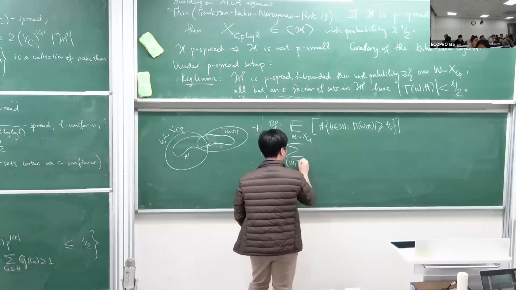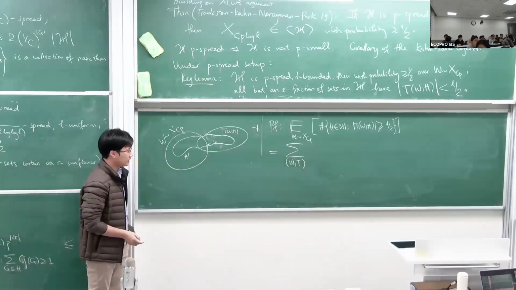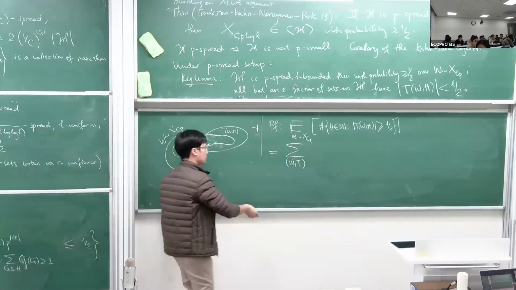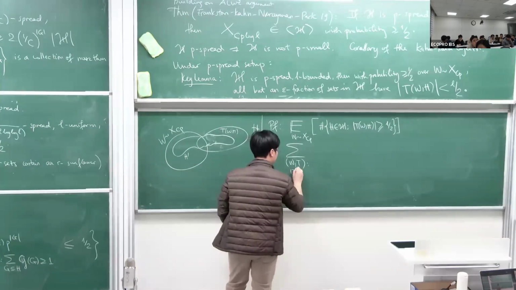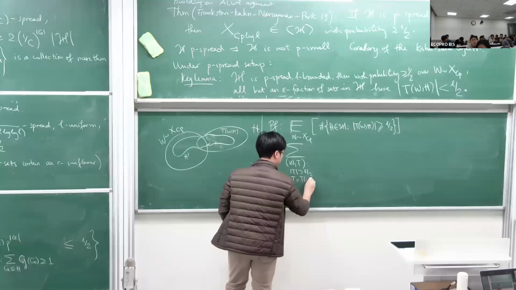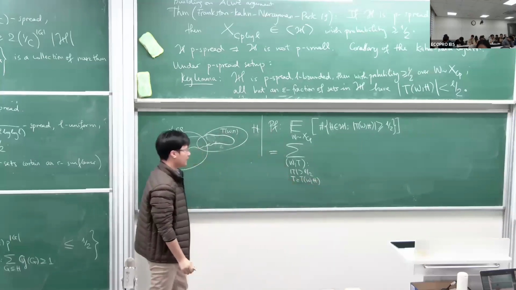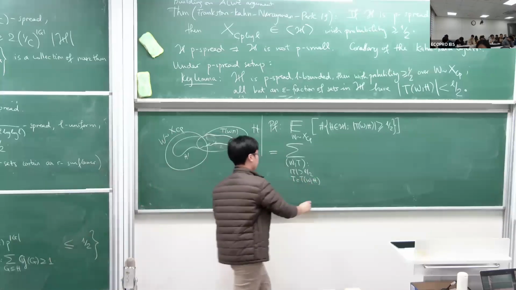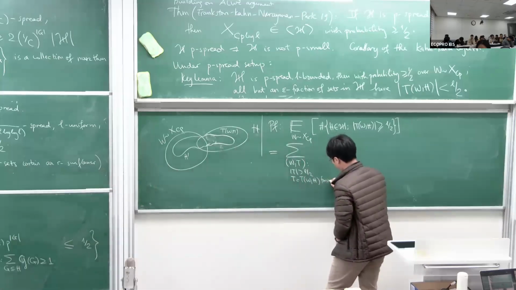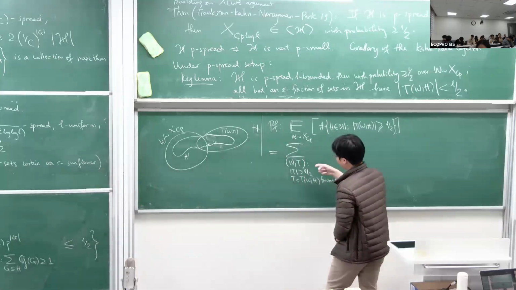So first, I will count over pairs W, T, where the size of T is large, and T is a fragment of W with some H. And then I will sum.